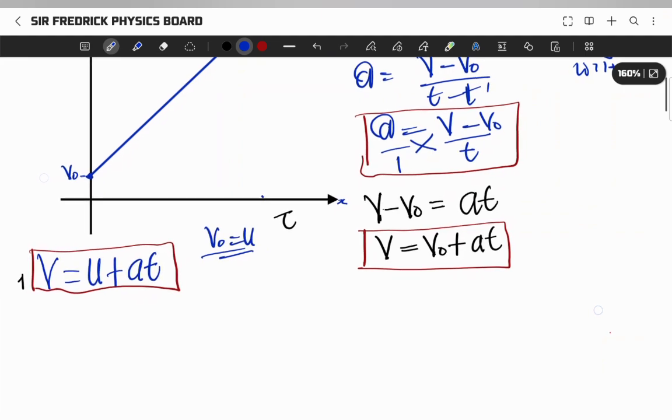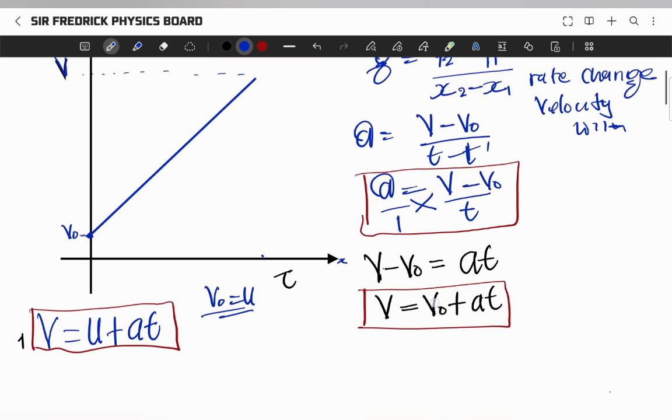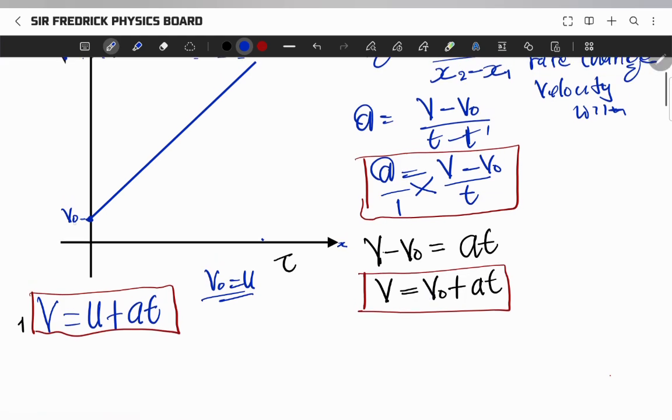So the second equation comes from calculating the area under the velocity-time graph. Now when we find the area of a velocity-time graph, what does this area represent?